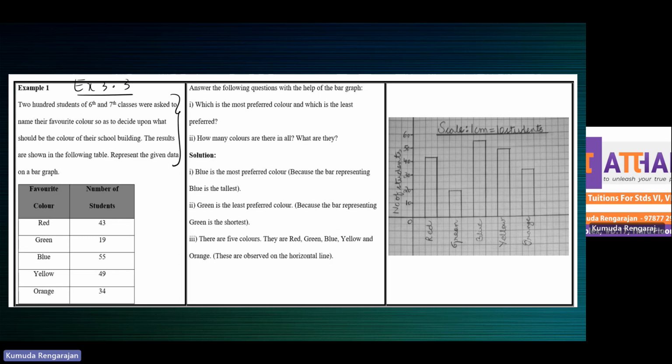Already you know. You are 125. This is 20, right? This is 25. Then you mark this one first.